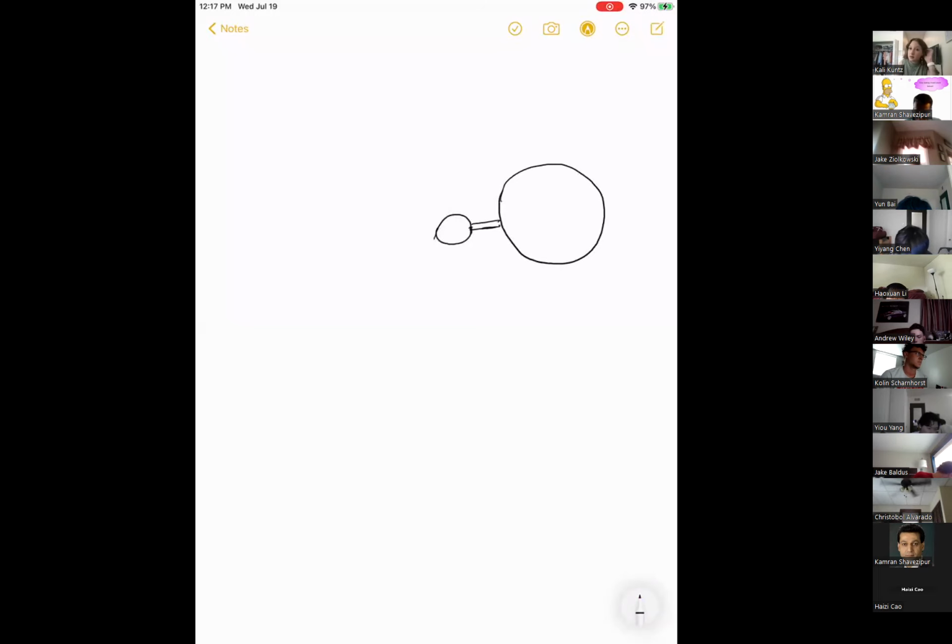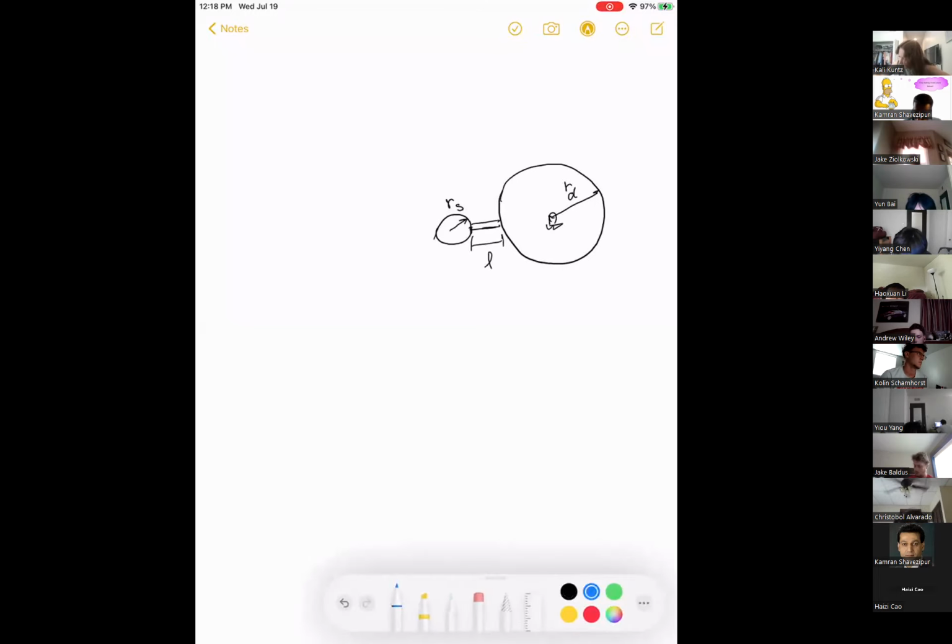The dimensions, let's call this R sphere and call this R disk. And I'm going to call this just L, the length of the thing, okay? The spring here is stretched by 1 foot.